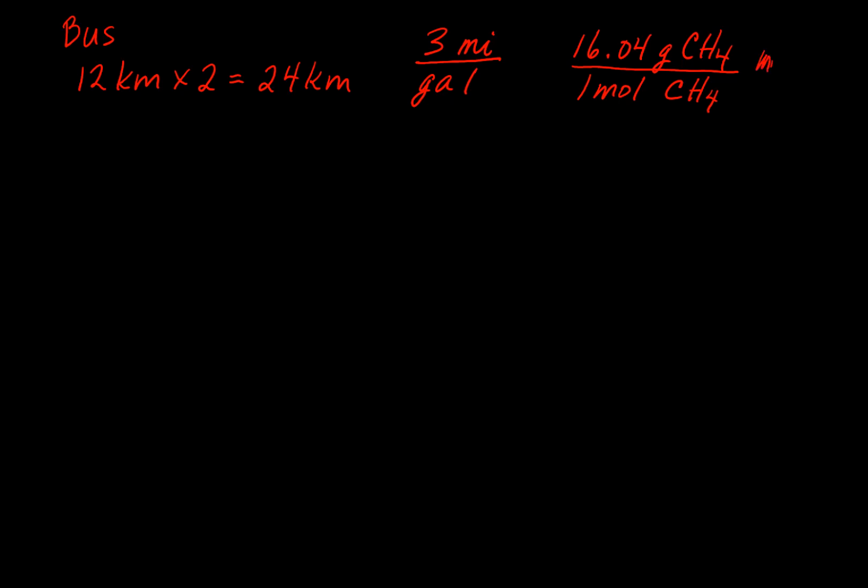This is some review from your prior knowledge coming into Chem 161. You determine that from the periodic table, so you should know how to make that determination using the periodic table.